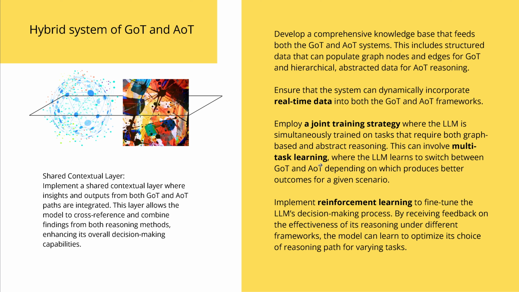I want the system to have a multitask learning functionality where the LLMs learn to switch between the best system depending on what the scenario demands and then integrate it back in the feedback loop. And of course, we need some reinforcement learning for this particular task to fine-tune the decision-making process of this hybrid system.